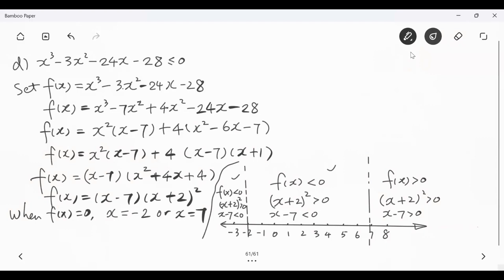Okay, so we can write down the solution: x less than 7, okay? And then double check the inequality including 0, so it's x including the equal 7. Okay, that is x less than or equal to 7 for the inequality.